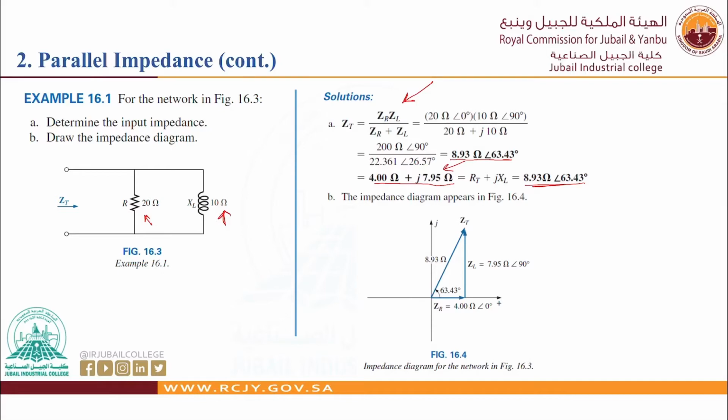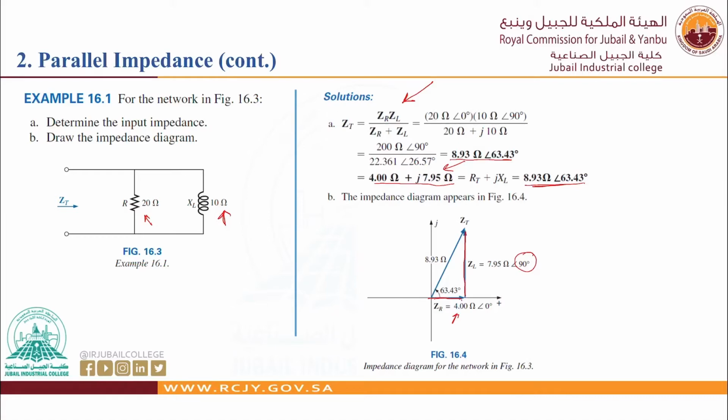Okay, so the total impedance diagram, this is the impedance diagram. This is ZR. We know that the angle is 0, and the magnitude is 4 ohm, so this is 4 ohm. Then ZL is with angle 90, and this is the magnitude.